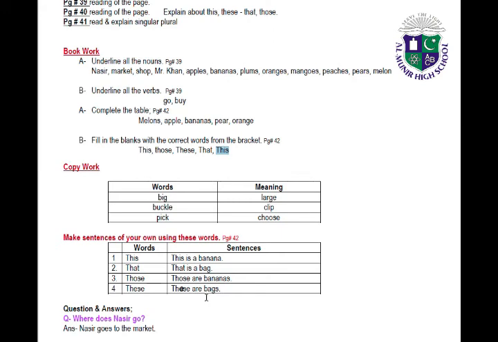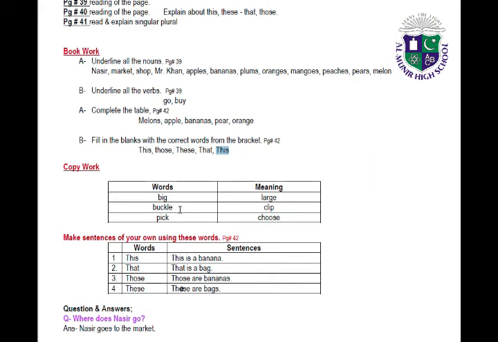Okay, now take out your copies and write these words and meanings and question answers on the copy. The first word is big, and the meaning of big is large.